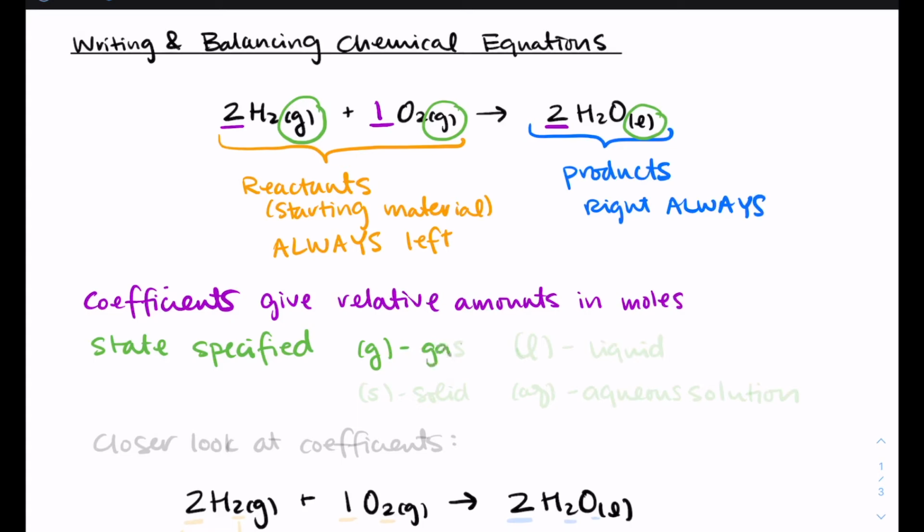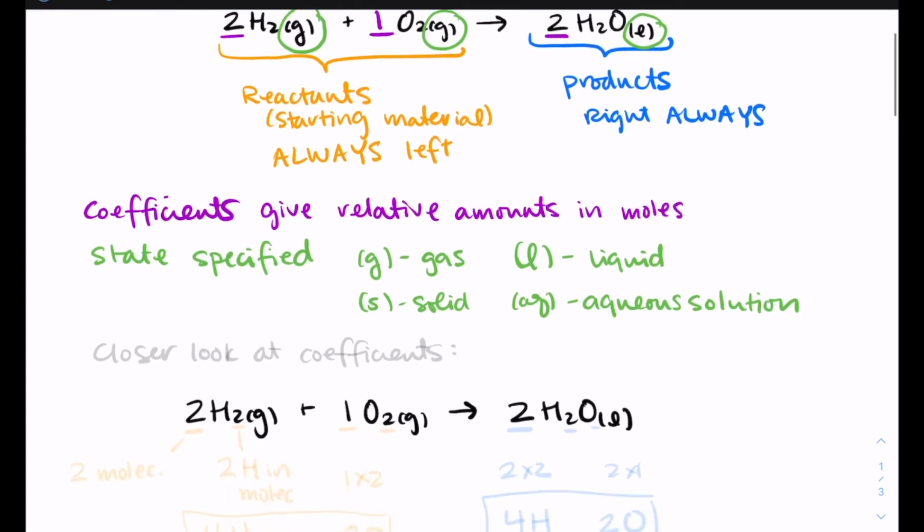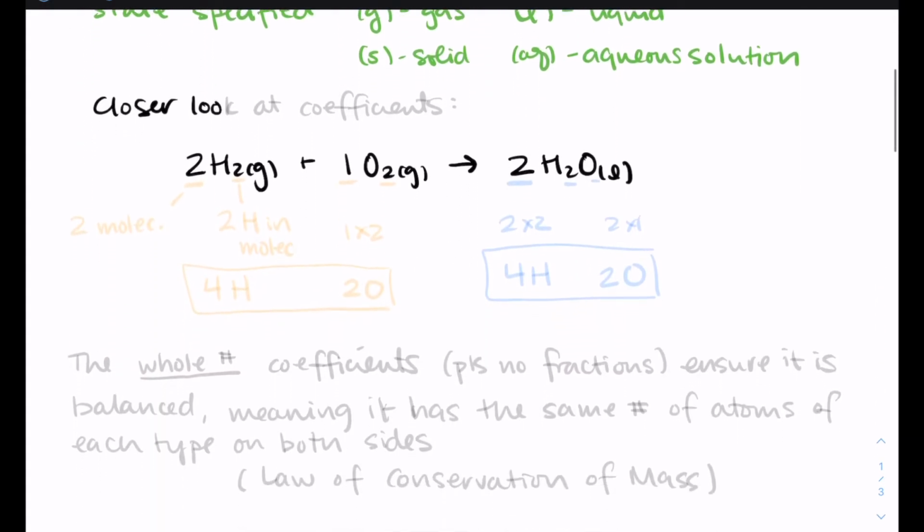The states listed here, you could probably guess most of them. A g means that the compound is in the form of a gas. An s means that it's a solid. An l means that it's a liquid. An aq means that it's an aqueous solution.